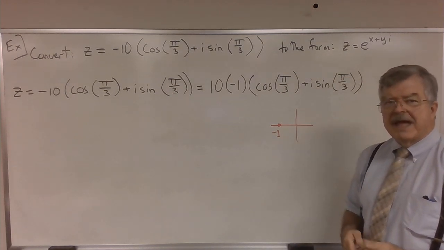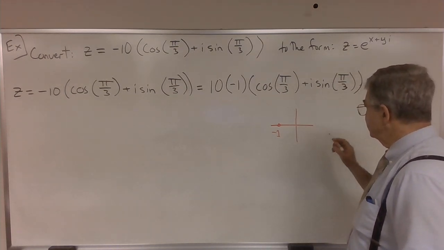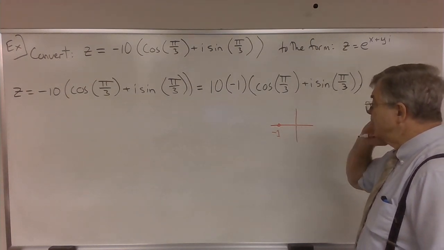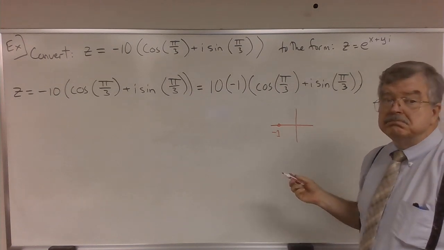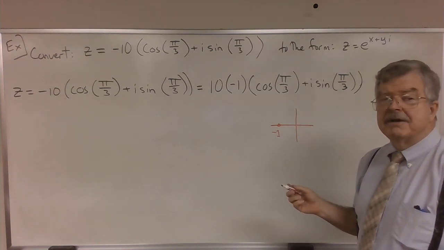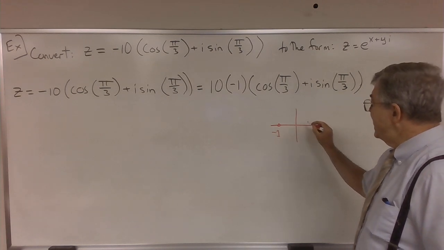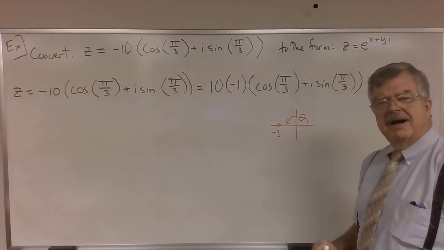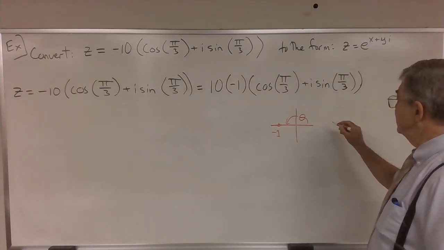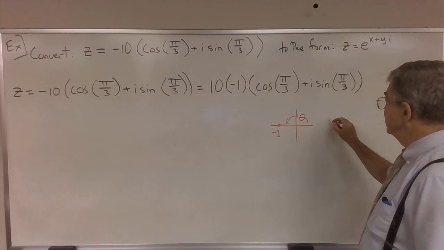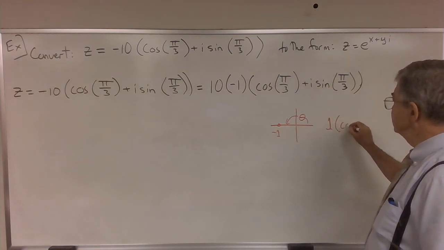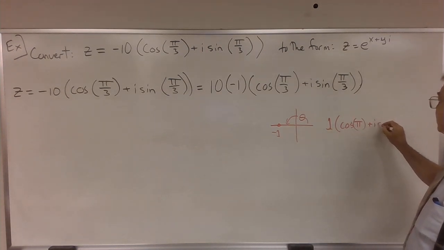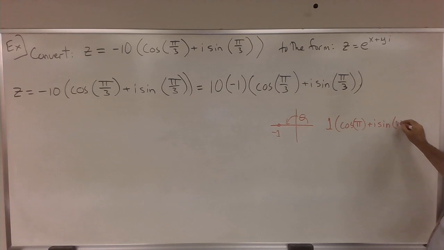And if we wrote that in polar form, let's see, distance from the origin is 1. So our magnitude or our modulus is 1. And the angle is pi, isn't it? So what this is, 1 times cosine of pi plus i sine of pi.